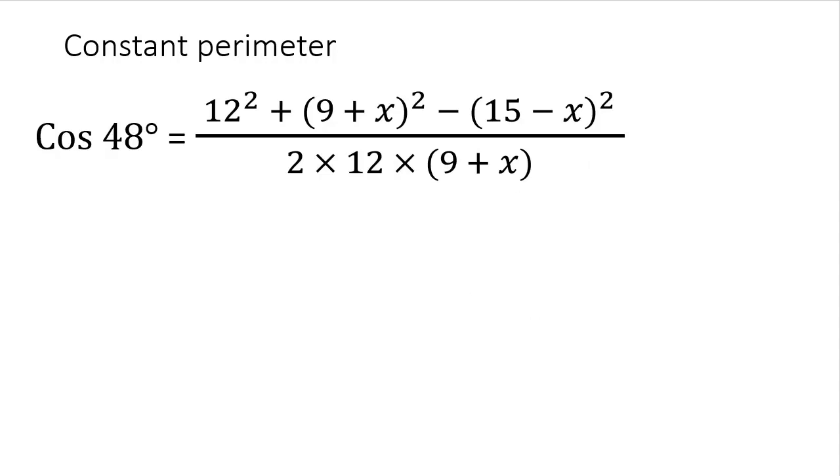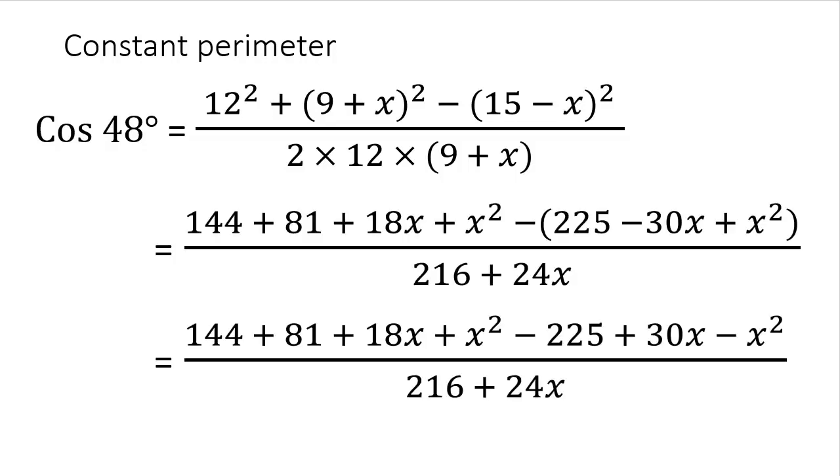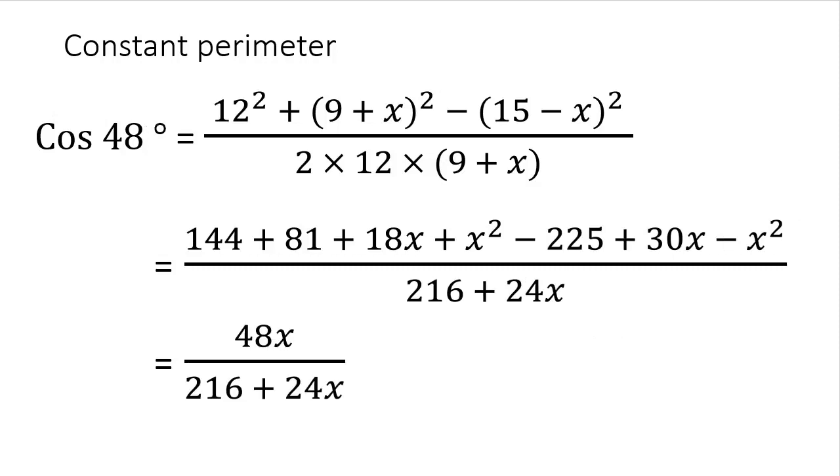Then it's a matter of solving that equation. This is where the trouble becomes, because you have to be extremely careful with your expansions and simplifications. So it plays out like that, and in fact it simplifies quite simply at the end to 48x over 216 plus 24x.